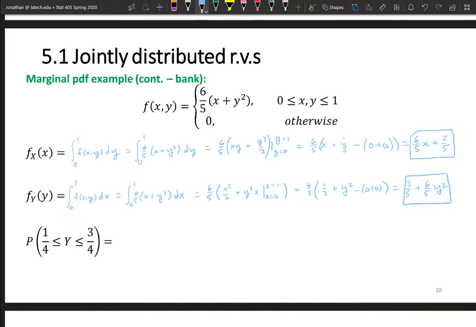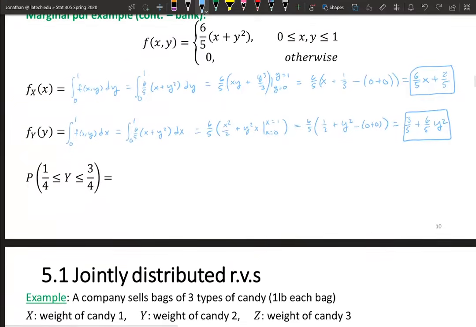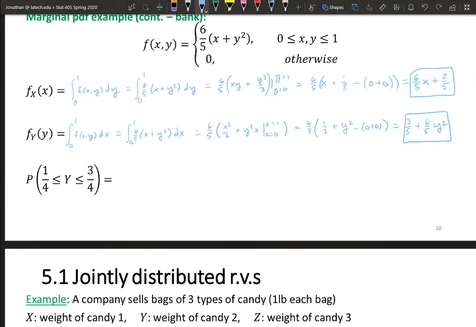Now, what's the probability that y is between 1/4 and 3/4? We can just integrate the marginal PDF between 1/4 and 3/4. So this is actually the integral from 1/4 to 3/4 f sub y of y dy. Technically, that's a capital Y there.